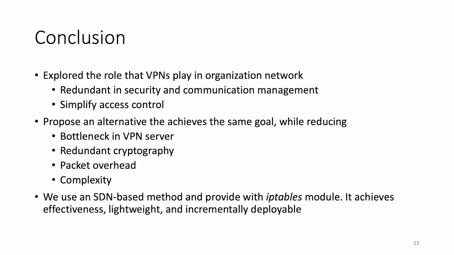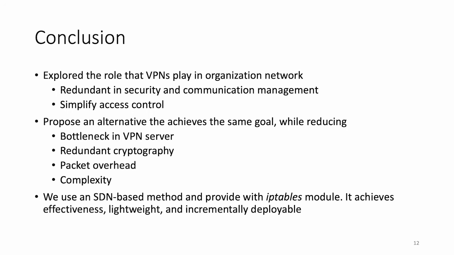To conclude our work, we have identified that VPN can have some redundant functionalities that we may not need today. We want to remove them and achieve some simplified access control. So we came up with a Kerberos-like system to help organization networks accurately authenticate end users, even though the end users can share public IP addresses with others.